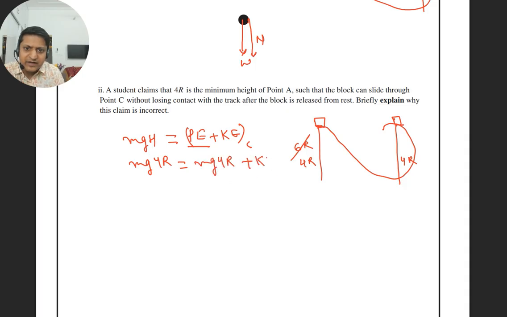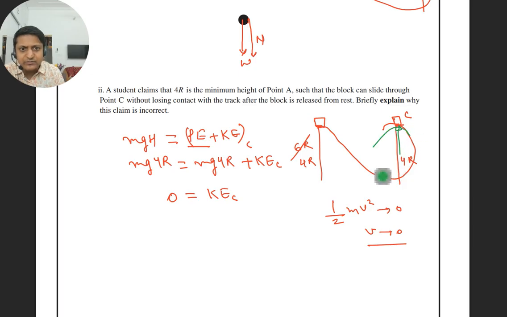It means that the kinetic energy at C will become 0. So if the kinetic energy here is 0, it means that half mv squared is 0 and velocity is 0. So if the velocity is 0, this object will revolve like this and it will end like this. So it will just come down. It will not go through the proper loop. So the student's claim is incorrect.